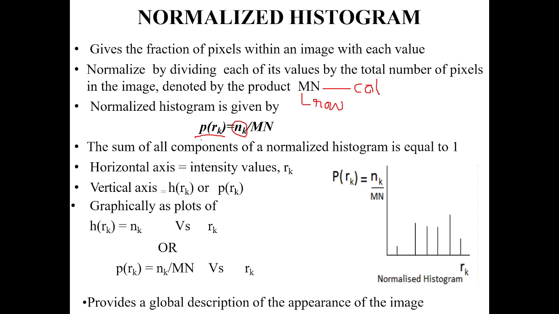Normalization is given by p of rk, for each gray level rk with nk such pixels, divided by the number of pixels in the image. That entire expression is p of rk equals nk divided by MN. When you plot a graph of nk versus rk, you get the histogram.